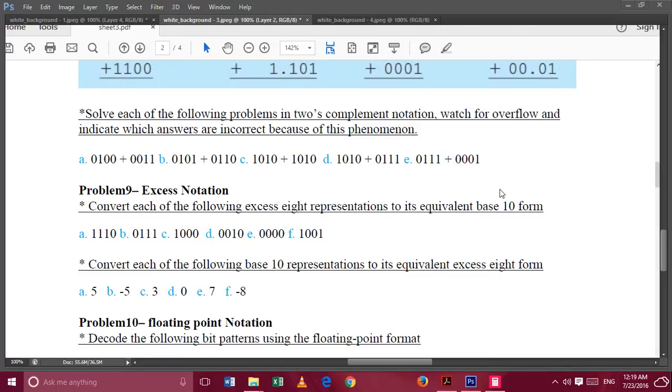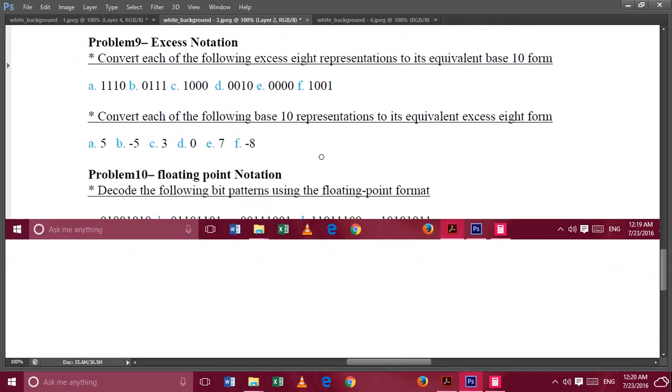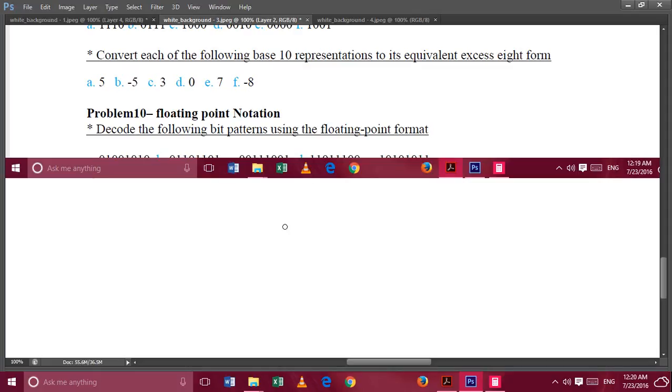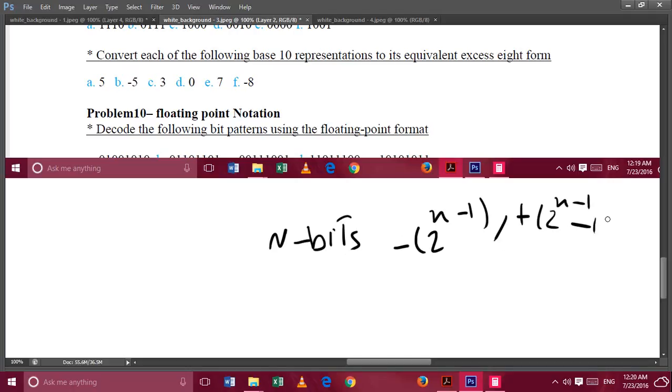And we agreed that in an n bits 2's complement binary system, the system is able to represent numbers ranging from minus 2 to the power n minus 1 to plus 2 to the power n minus 1, minus 1, right?